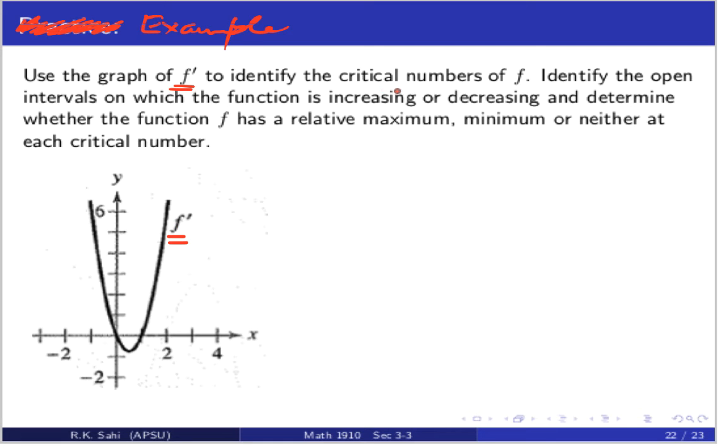Now we're going to understand the concepts. What is the meaning of critical numbers? Critical numbers means where f prime is 0. As this is the graph of f prime, f prime, remember, is a function. Keep in mind f prime is a differentiable function.